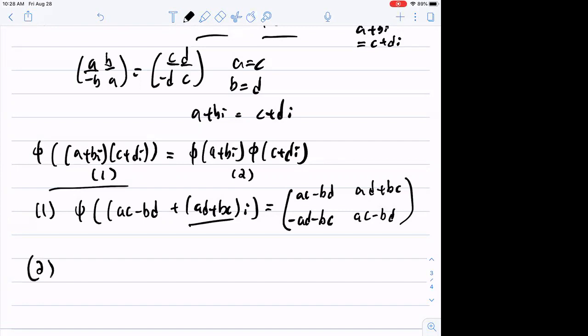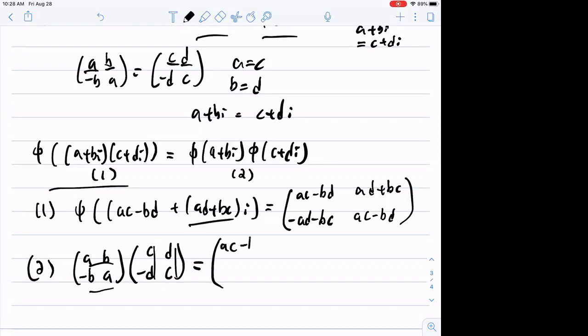Let's calculate the right-hand side. Phi of a plus bi is [a, b; -b, a], and phi of c plus di is [c, d; -d, c]. Hopefully you all remember how to multiply matrices: row with column, and so on.